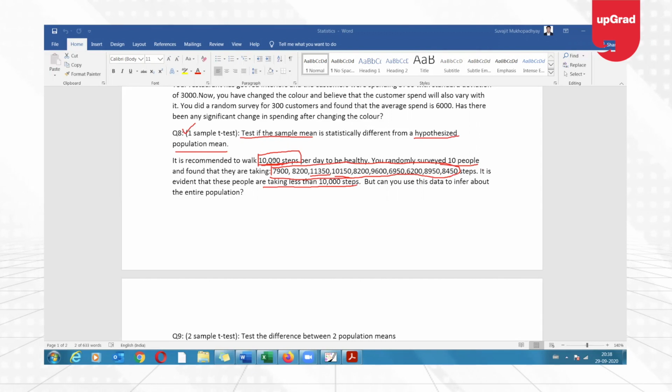that people are taking these many number of steps, and we want to compare the mean of this group, the mean of samples, versus this hypothesized mean. So this is my hypothesized mean.